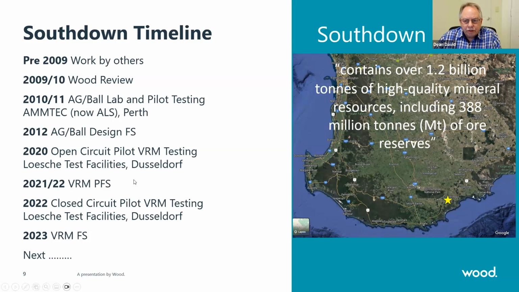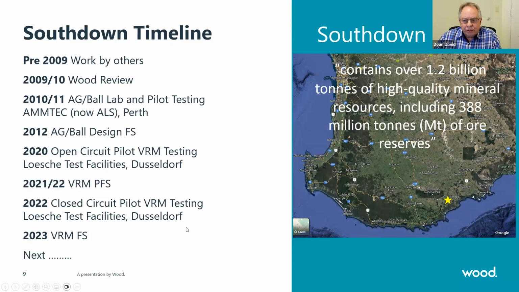We did some open circuit test work with their standard machines, and we prepared a PFS, a pre-feasibility study, for the installation of these mills for the project in 2022.